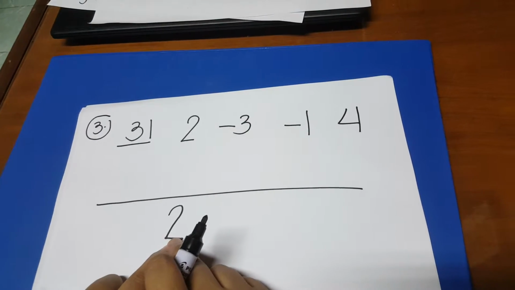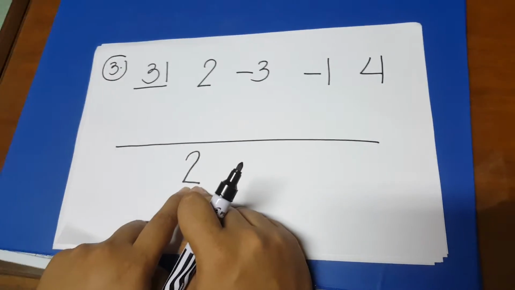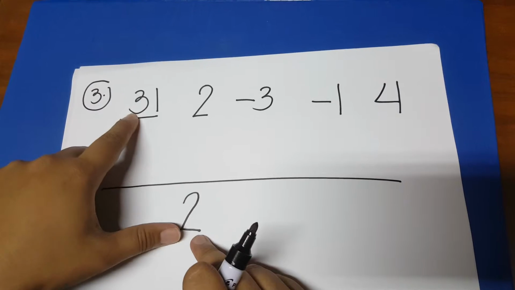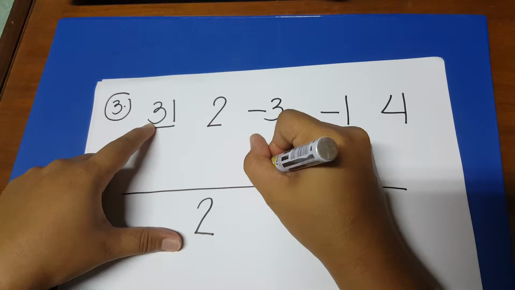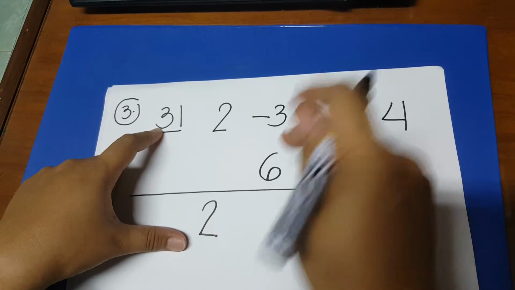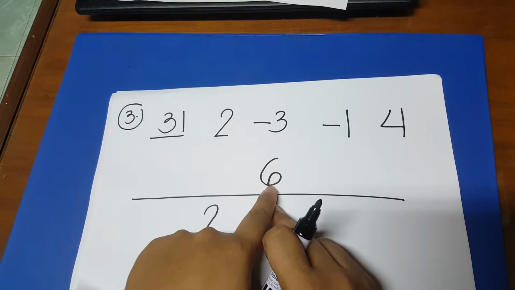After that, multiply this number, the 2, to your divisor 3. So you multiply 2 to 3. So you have 6. And then write the product in the next column on the second row. So that's why I'm writing this here.